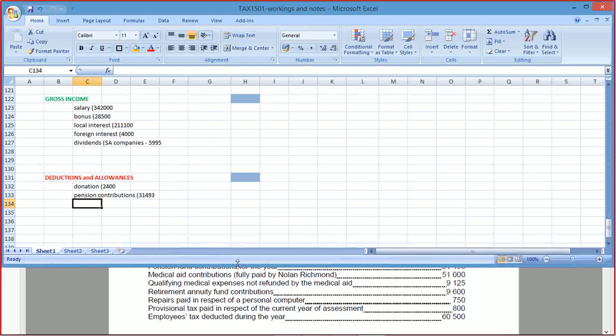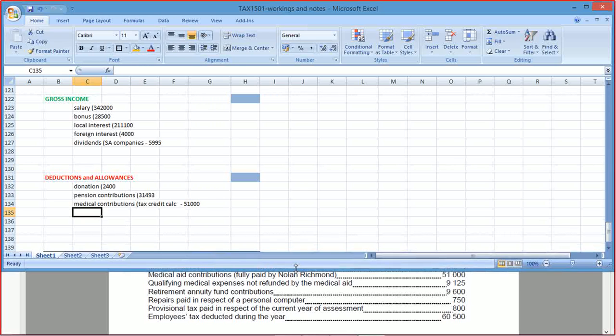Medical, 51. Oh, medical scheme fees is a tax credit, so this will go later, but I'll write it down here anyway. Amount 51. What else?